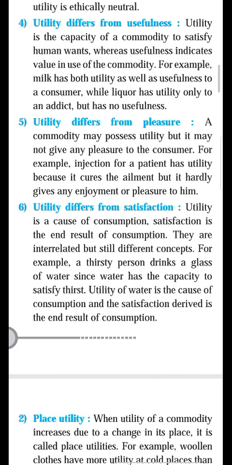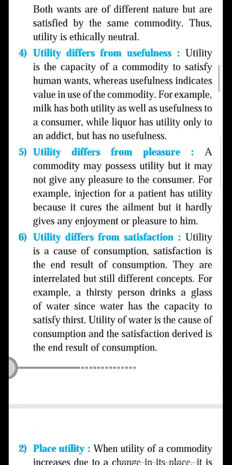Okay. Second example we can say a drunkard. A drunkard is drinking the liquor, drinking the wine. He is getting satisfaction, he is getting utility. But liquor, wine, alcohol is not good for the health at all.